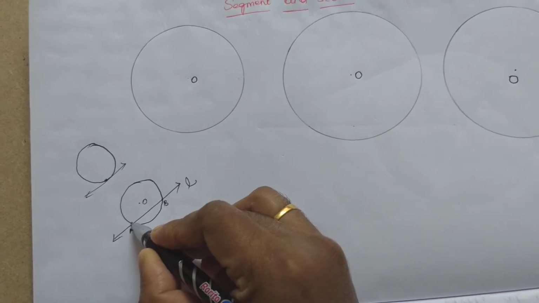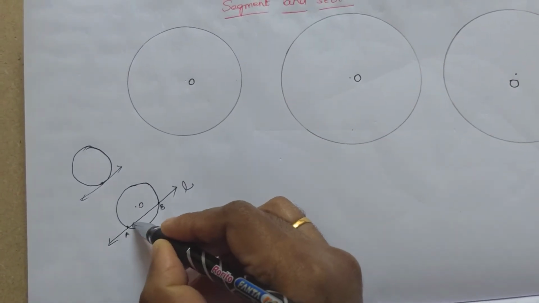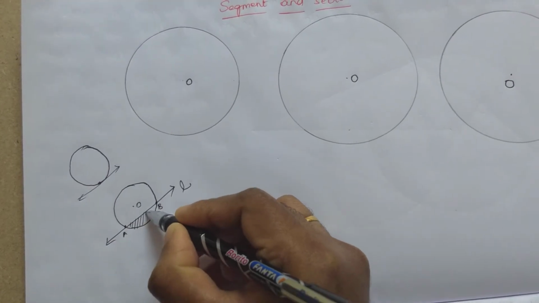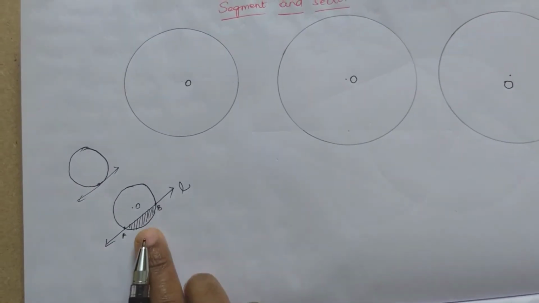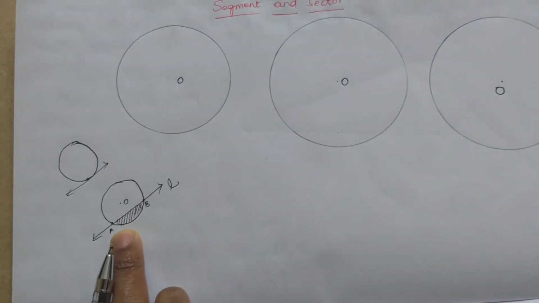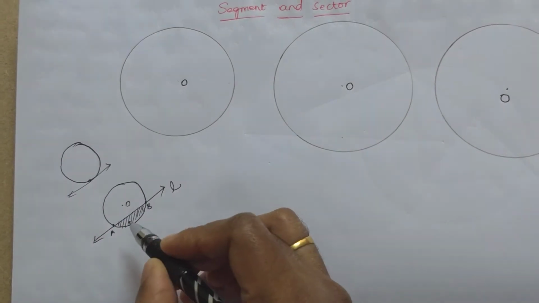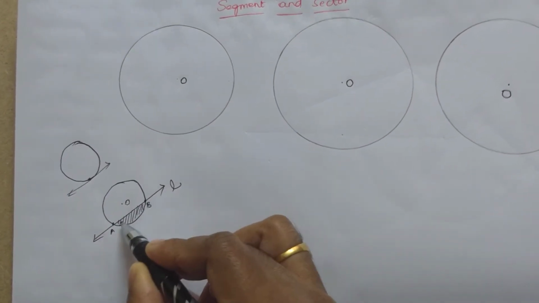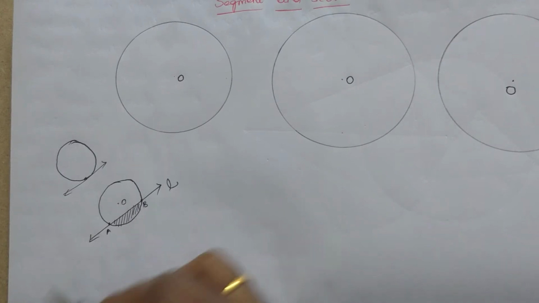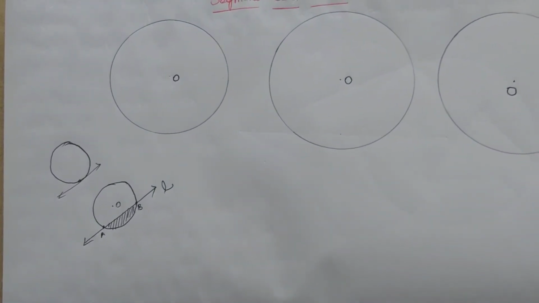So when you see here, AB is the chord of the circle and this area is called segment. Okay, this area is called segment. Segment is covered by an arc and a line.